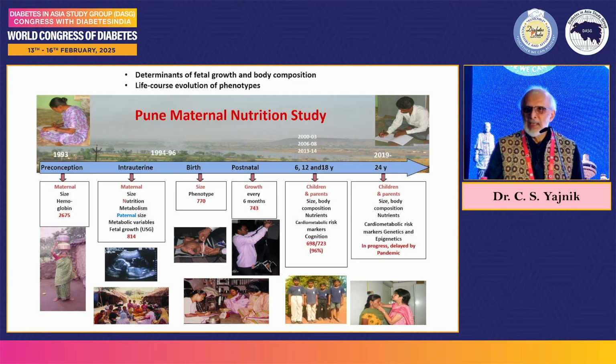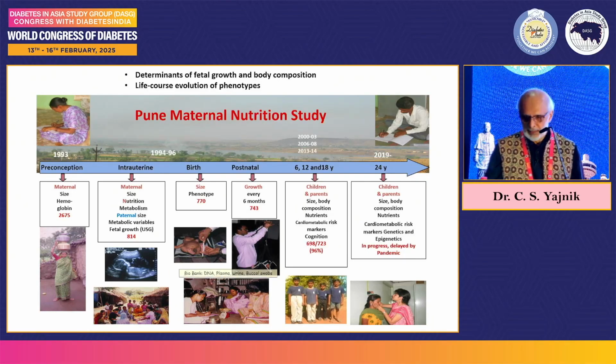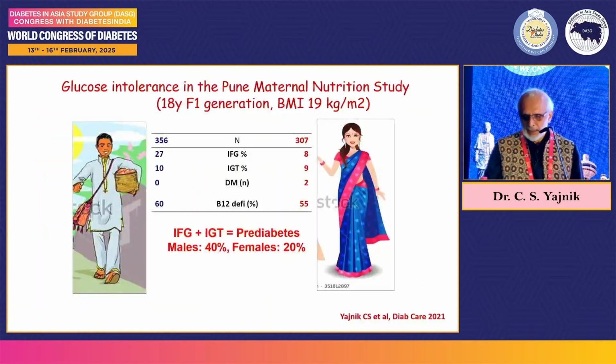Glucose tolerance has been done in the children and parents every 6 years, starting at the age of 6 years. And many of these children born in the cohort are now mothers themselves. So we are now saying we have 30 years of data and 3 generations with serial cardiometabolic risk factors. And we have a biobank which has been collected serially.